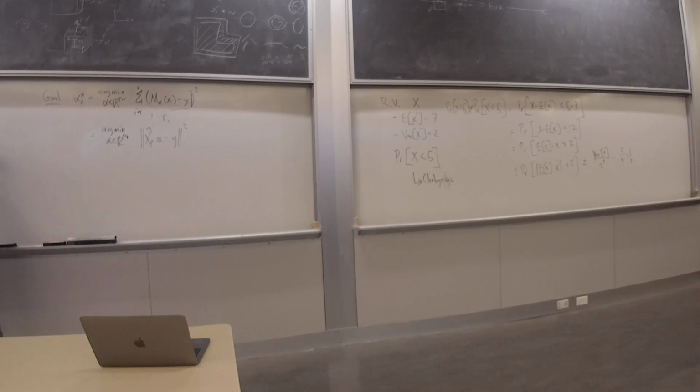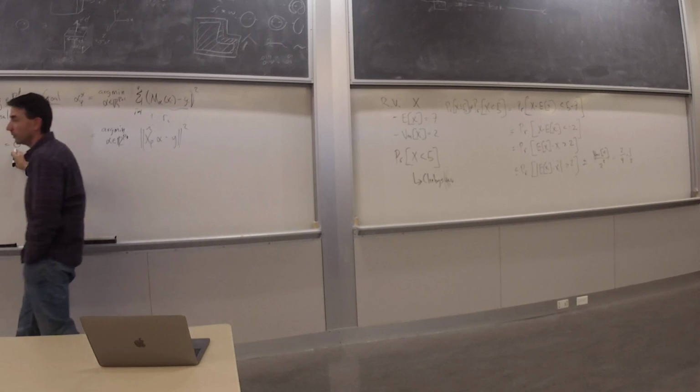And two vectors P and Q in R^D are going to be orthogonal if and only if the dot product PQ is exactly equal to 0.